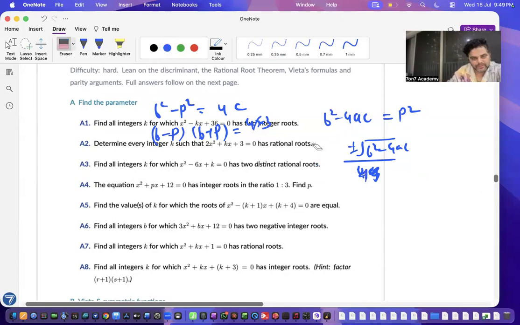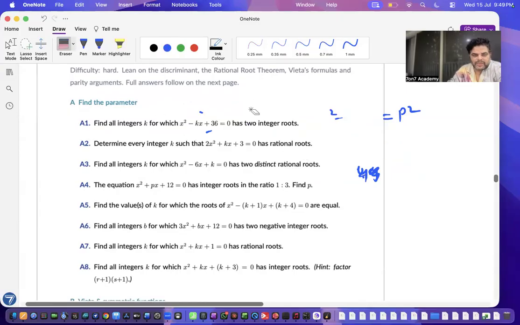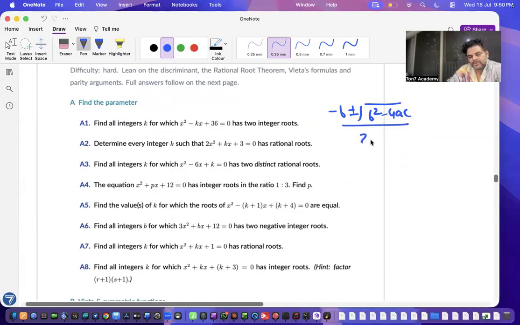चलो अच्छा फिर से करते हैं पूरा। क्वेश्चन क्या है तू बता? फाइंड द वैल्यूज ऑफ k for which it has two integral solutions. Agree? So what are the conditions for integral solutions? You tell me. The solutions are minus b plus minus square root of b square minus 4ac over 2a. So if this square root does not give a perfect value, then what will happen?